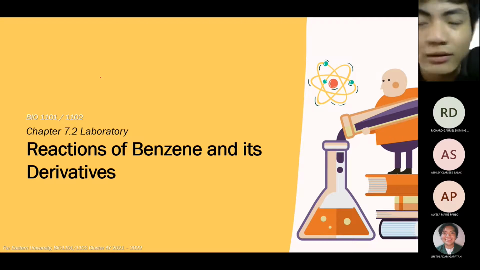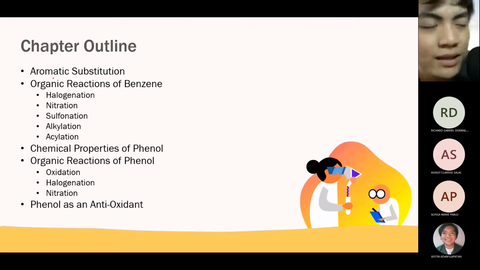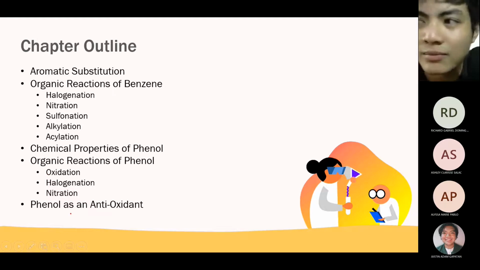And again, we will skip the part wherein mechanism is needed. We will just focus on what is the reagent needed to achieve a certain product. Kumbaga, it's more on memorization na lang. So, no more mechanism. With that being said, ito yung i-discuss natin. Mukha lang siyang marami, pero madali lang yan. Sunod-sunod lang yan.